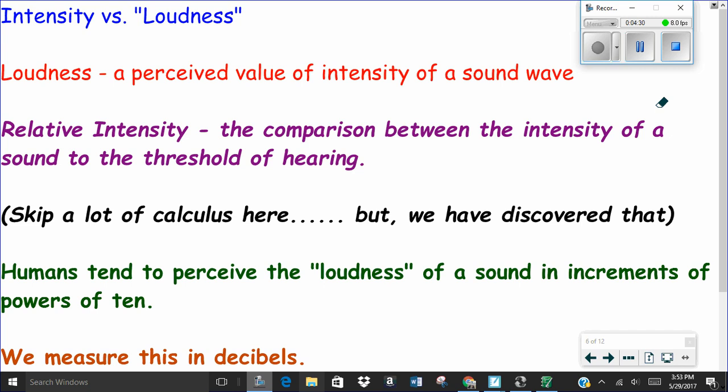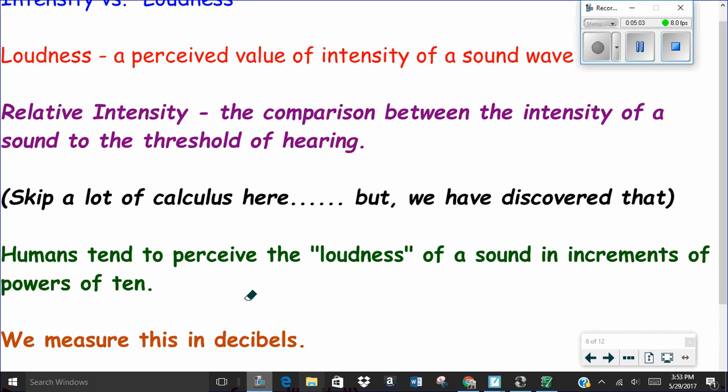Relative intensity is the comparison between the intensity of a sound to the threshold of hearing. Remember that humans have a range that they can hear sound within. The frequency at which humans can hear sound is from 100 to 10,000 hertz. We have figured out by doing a lot of science and a lot of mathematics that humans tend to perceive the loudness of a sound in increments of powers of 10.